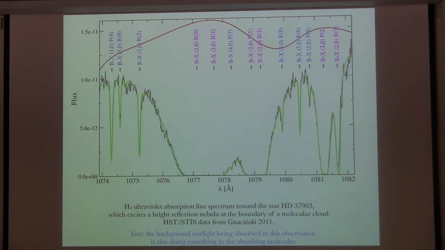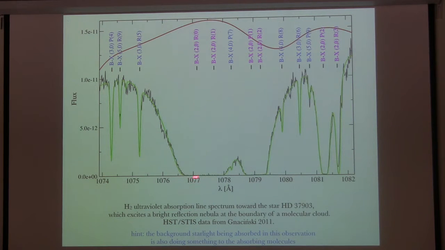Here's an example of an actual astronomical absorption spectrum, again in the far ultraviolet. This piece of spectrum, a very small wavelength interval, is completely dominated by lines of molecular hydrogen arising in different rotational levels.